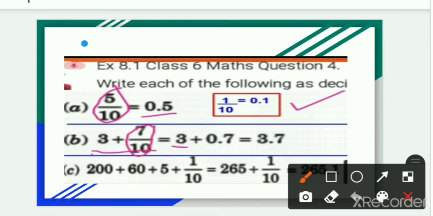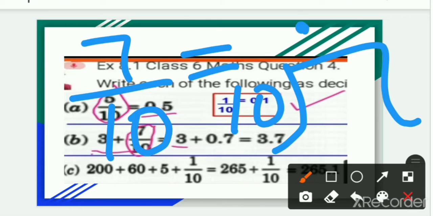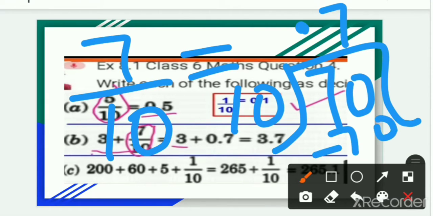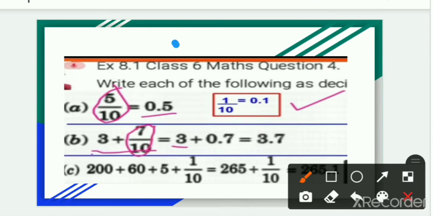We put a point and add a 0, so 10 sevens are 70, 70 minus 70 is 0. So it is 0.7.